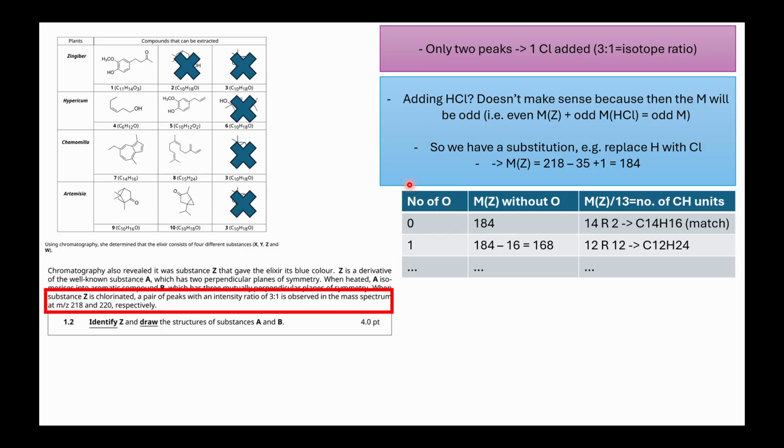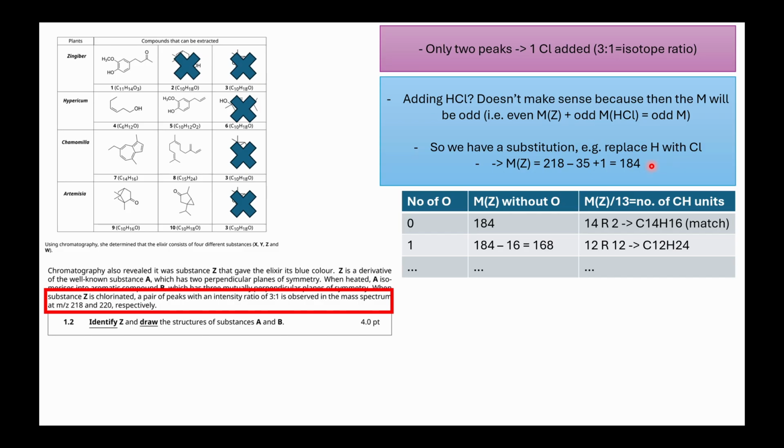Here we know we are dealing with oxygen only, so we can hypothesize 0 oxygen, 1 oxygen, 2 oxygens, and so on, and then we can just get the mass without the oxygen for each compound.